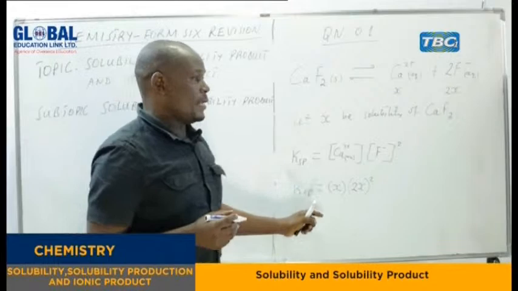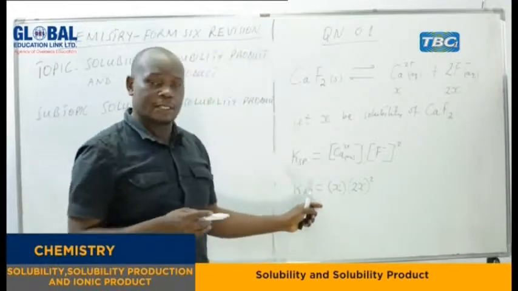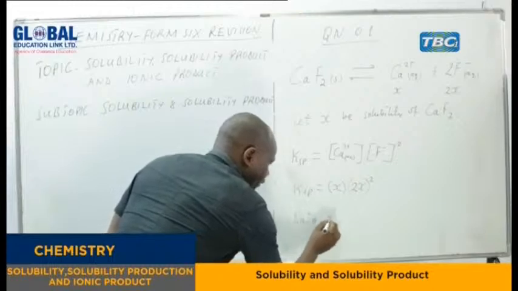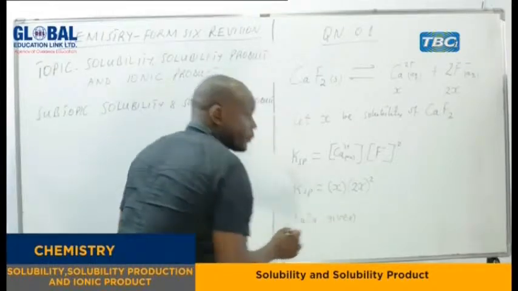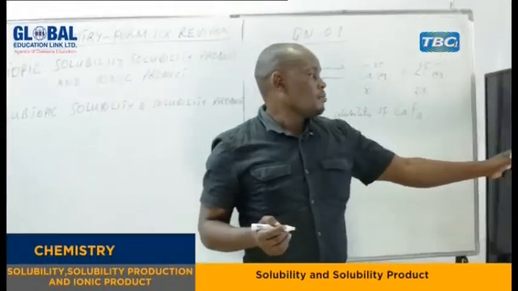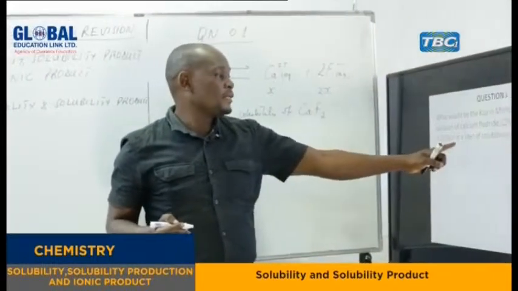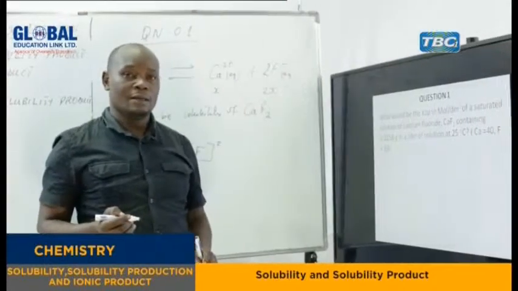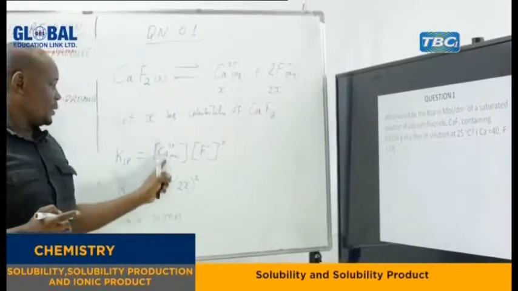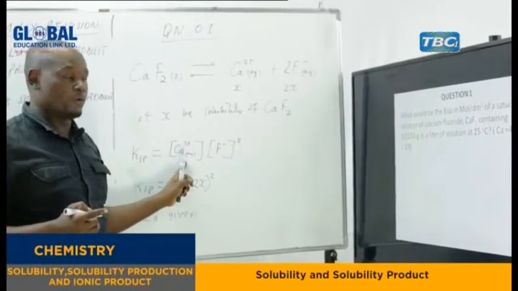Now, if we go back to the data given in our question, we have the concentration in gram per liter of calcium fluoride. And we have said that the concentration to be expressed here must be in moles per decimeter cubic.